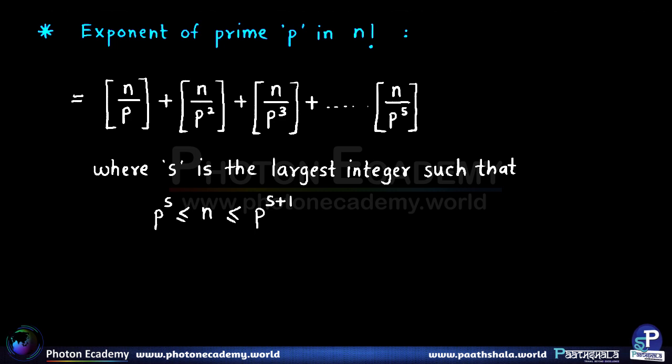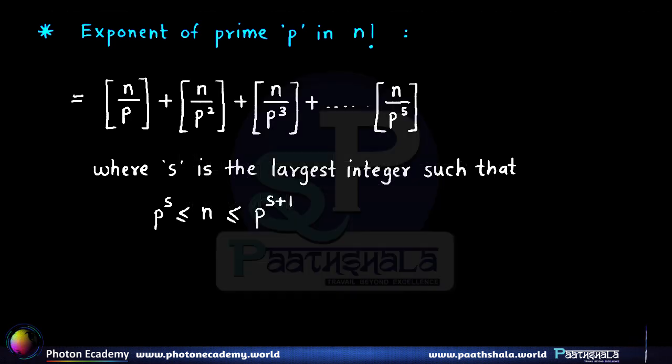So basically what we are saying is p raised to s should be less than n, but p raised to s plus 1 is bigger than n. So s is the largest integer. Therefore, addition of all these individual numbers gives us the exponent of prime p in n factorial.